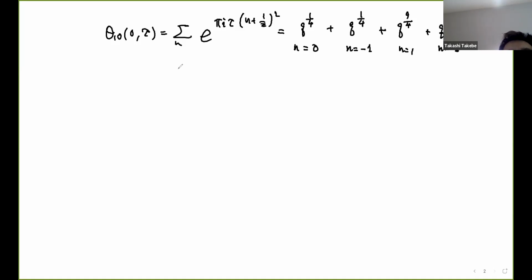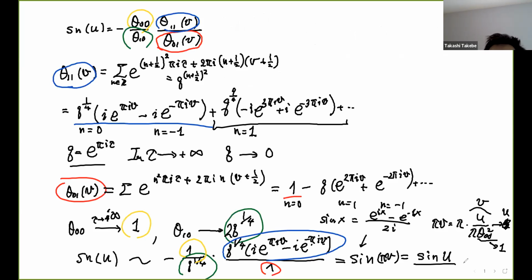So this is equal to this. So the leading term is twice q to the power 4. So this is it. Therefore, Sn converges to sine.